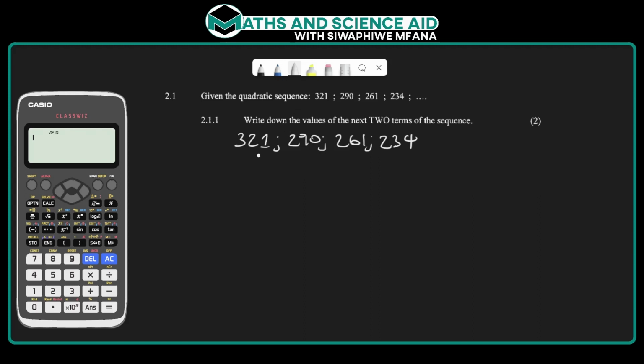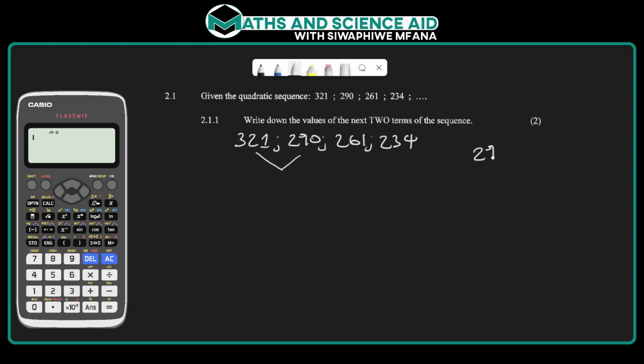So we can start by finding the difference between the consecutive terms in the original sequence. And so remember that, for example, for the first two terms, in order for us to find that difference, we subtract the first term 321 from the second term 290.